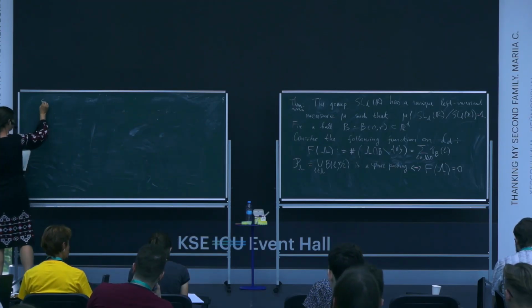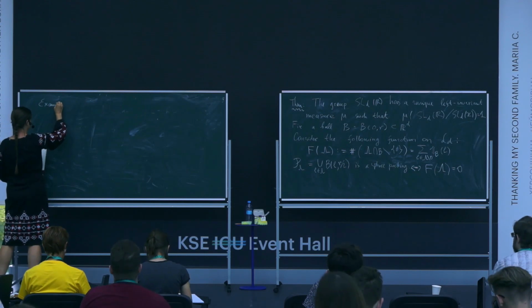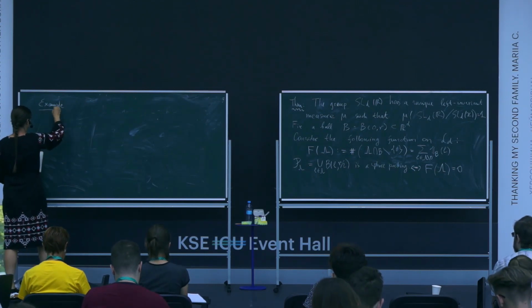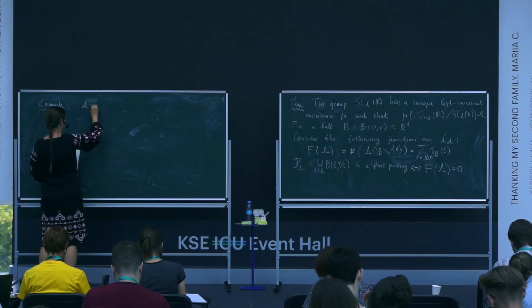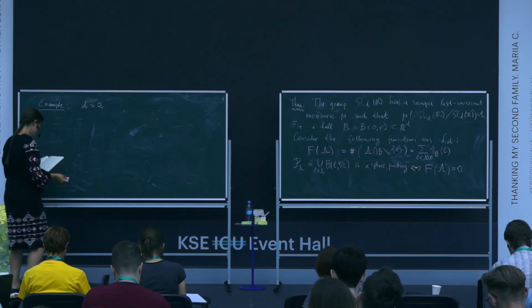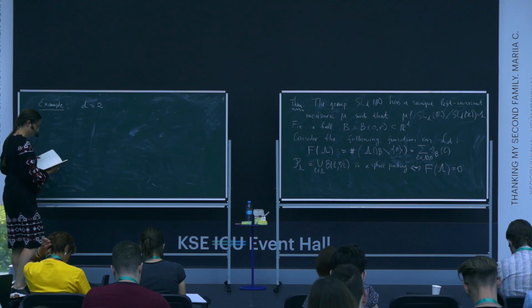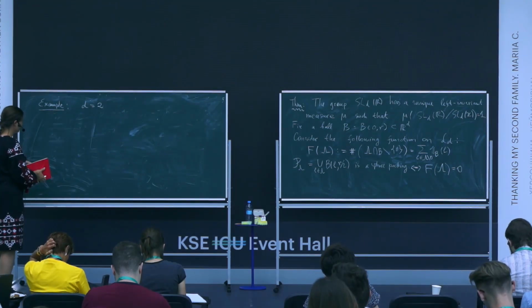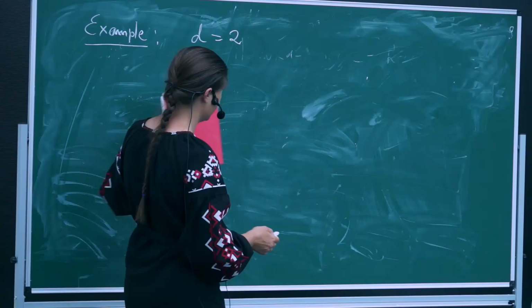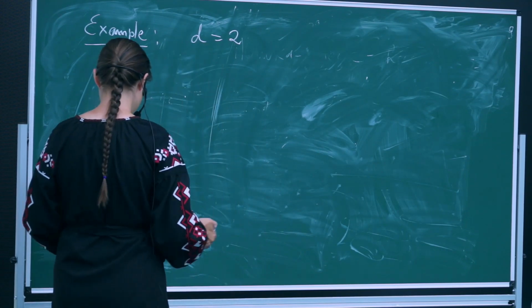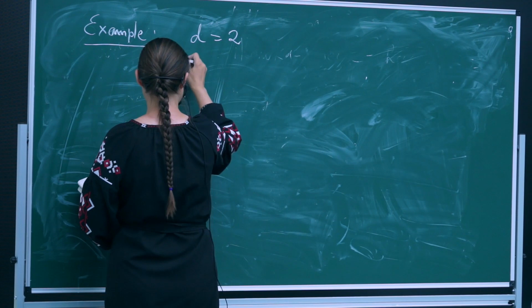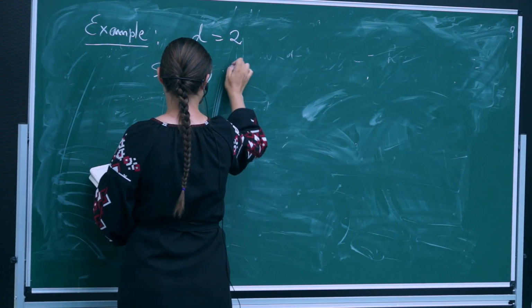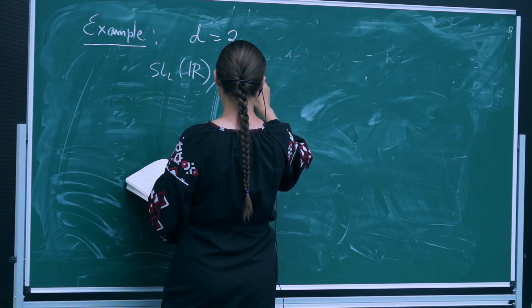So here's the example, d equals 2. I can write you the answer of what the space looks like. We define our space L_d like this.